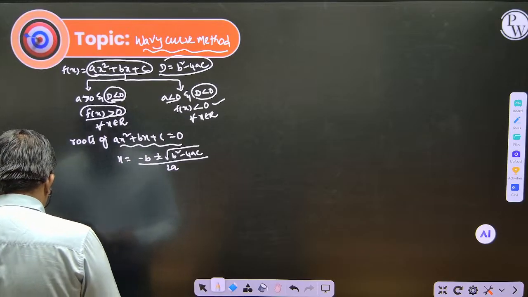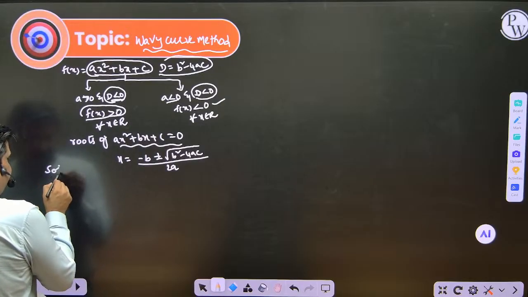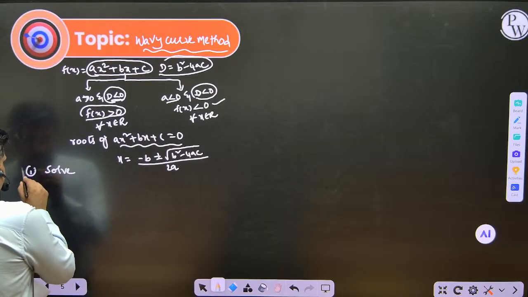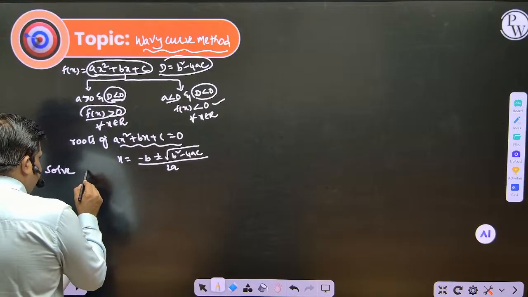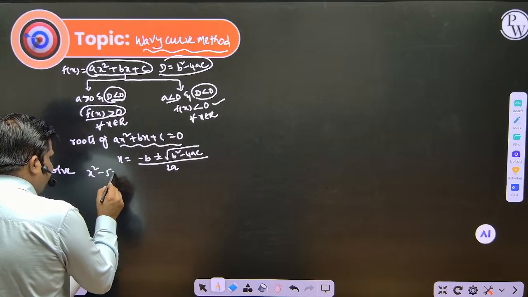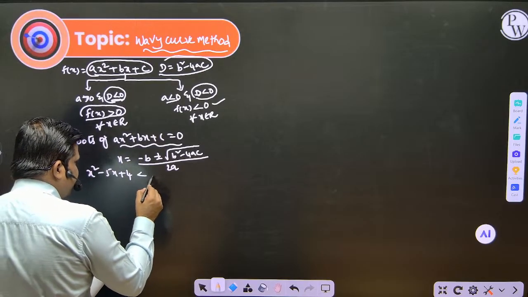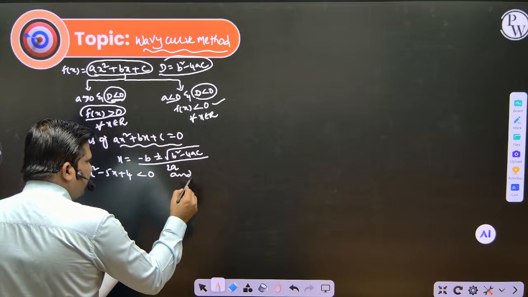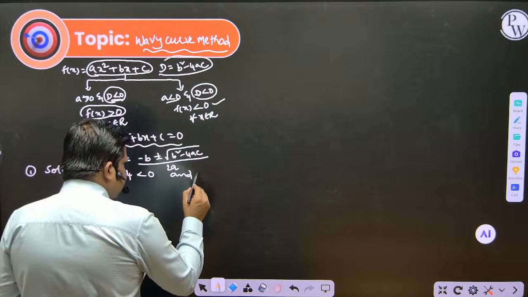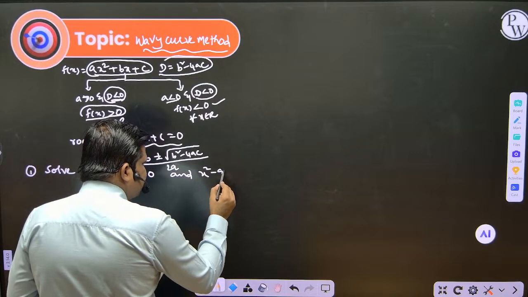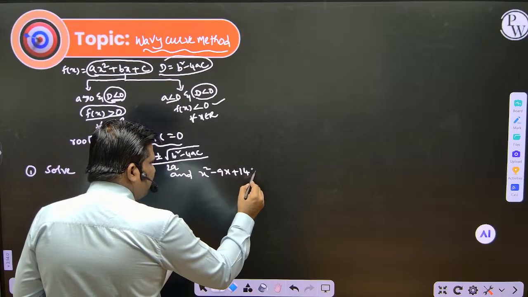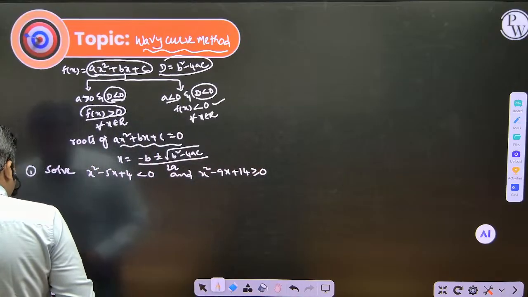Question C. Solve the inequality x square minus 5x plus 4 less than 0 and x square minus 9x plus 14 greater than or equal to 0.